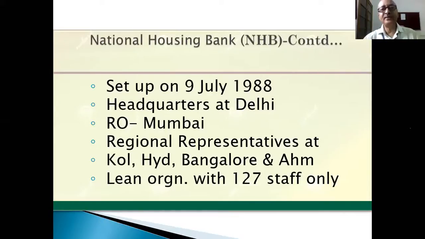Even to date, this organization is a very lean organization with only 127 staff. It is a national level institution, but only 127 staff. Even in Bangalore, I was posted in Bangalore, so only 2 persons used to come.